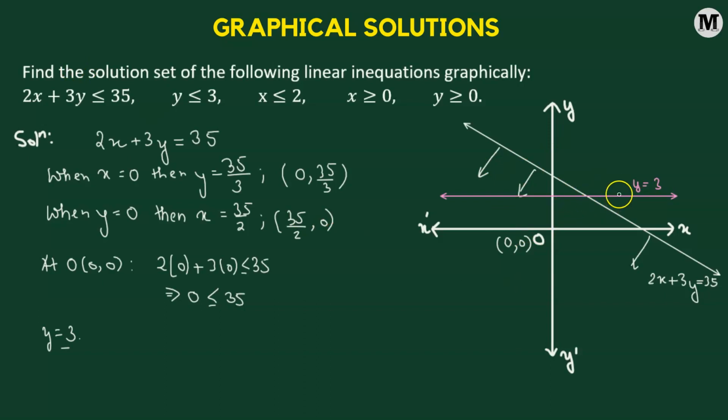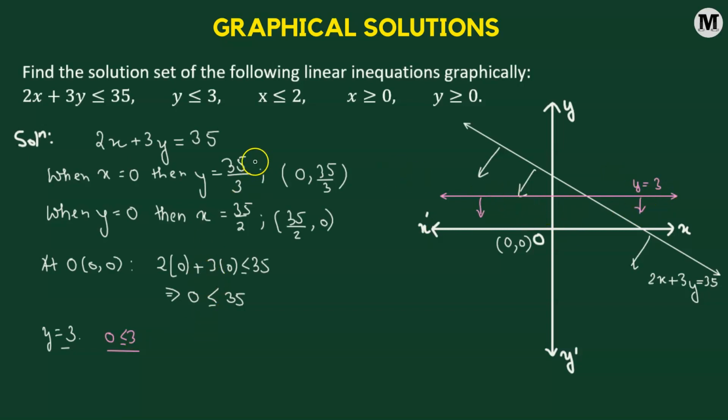One region is going to be above the line y equals to 3, and the other region is below y equals to 3. Now, we have y less than or equals to 3. If we consider the same origin point 0, 0 and substitute it into our inequality, we get 0 less than or equals to 3. Now, is this a true statement? Is 0 less than 3? That's definitely true. Now, that means the solution will be lying below the line y equals to 3.